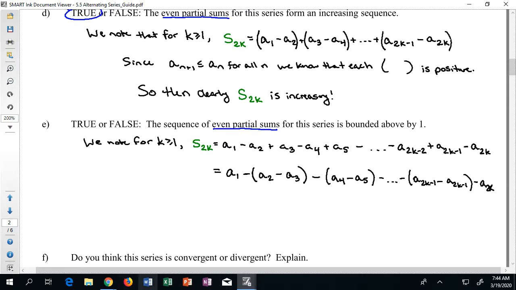So I'm going to go ahead and write this. Since a sub n plus 1 is less than or equal to a sub n for all n, we know each parenthesis is positive again.